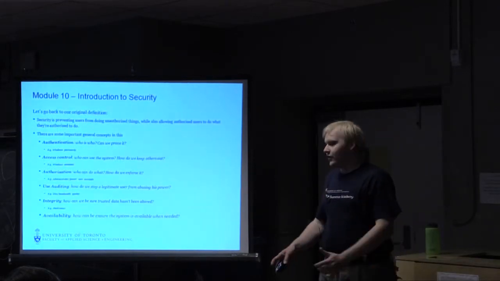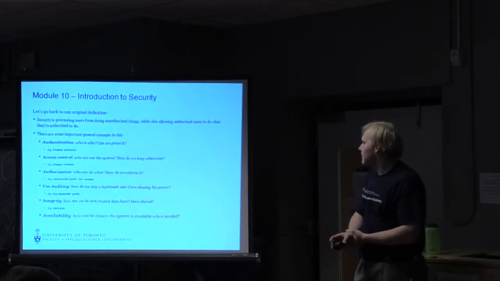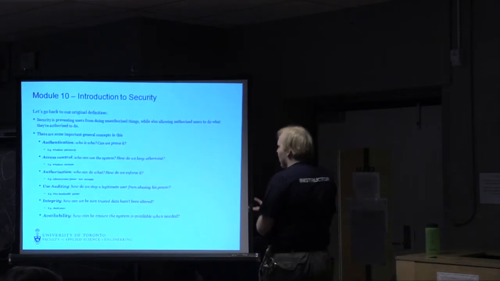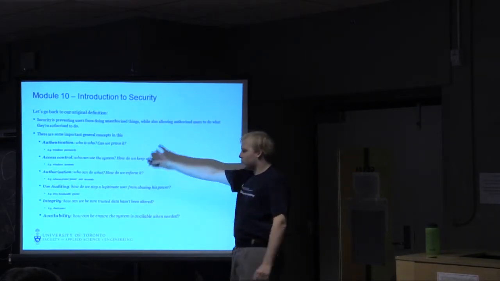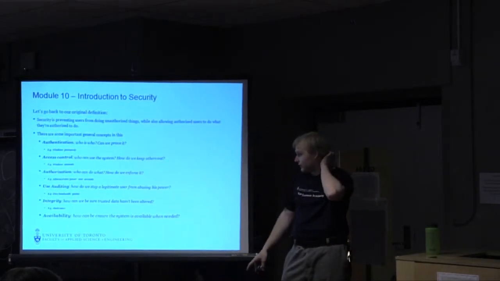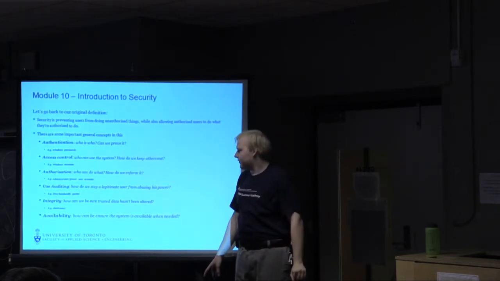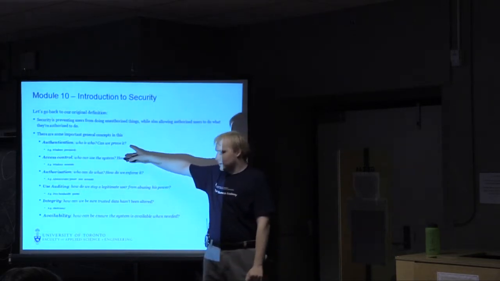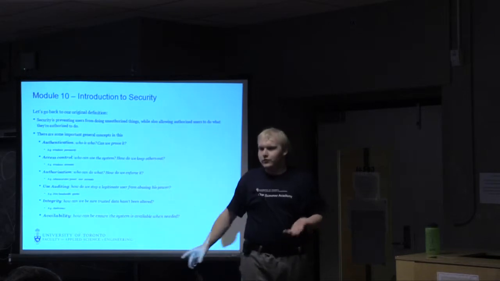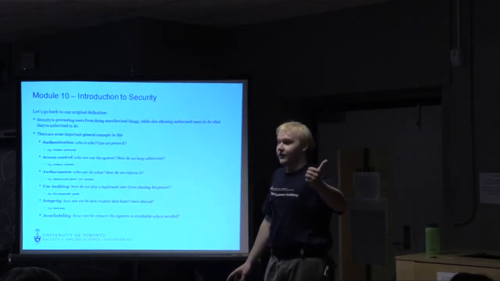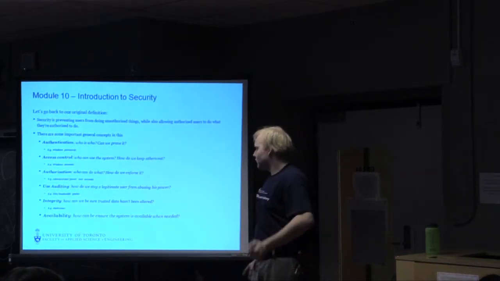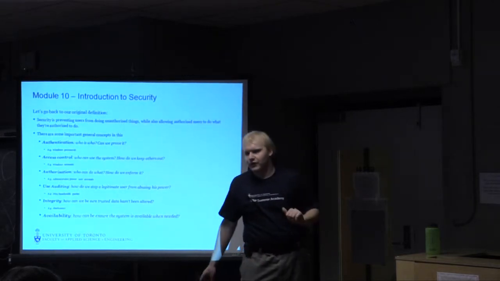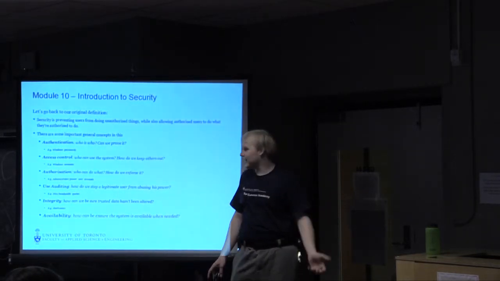So let's go back to our original definition of security. It is preventing users from doing unauthorized things and allowing those who are authorized to do those things. Some important concepts in this are authentication: who is who? Can we prove who actually is an authorized user? Windows passwords do that. We enter a password to show that we're the person with access to that account.